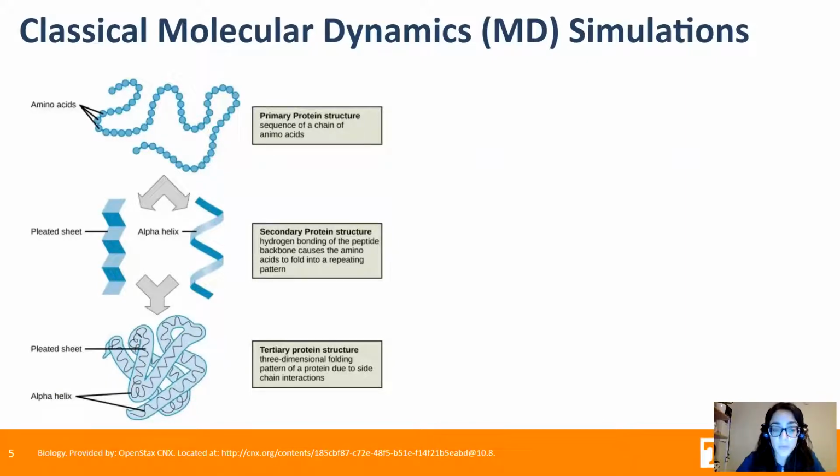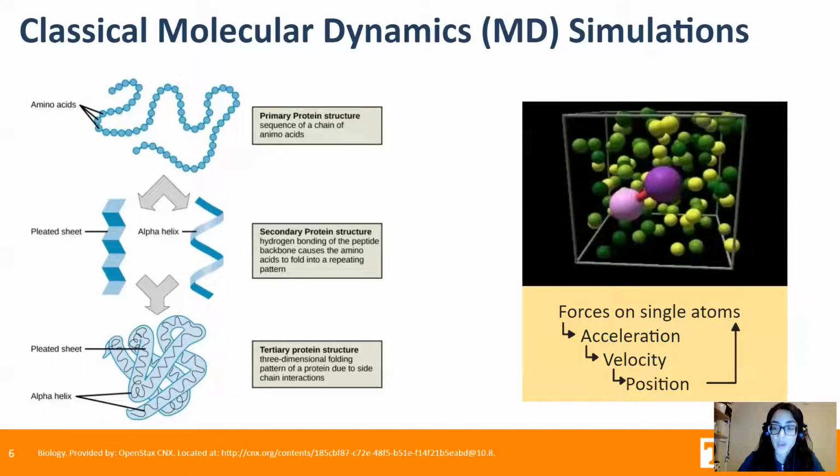In order to understand what happens when these structures are exposed to external and internal forces, we conduct simulations that simply reposition these atoms at each point in time. Now, how do we understand what's happening in the evolution and life cycle of these proteins?